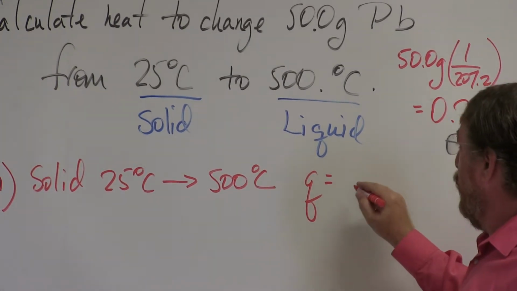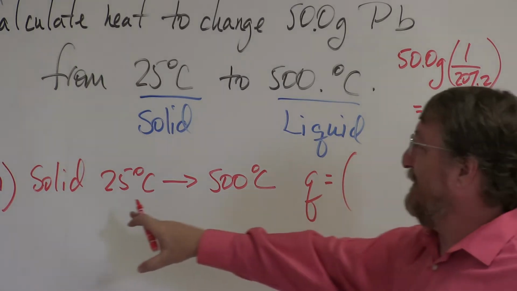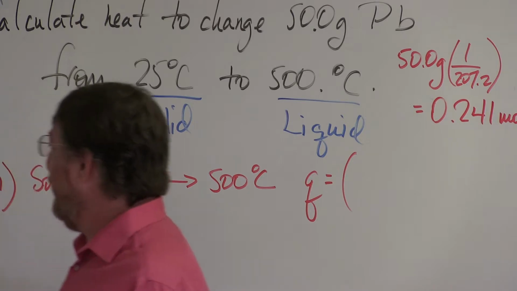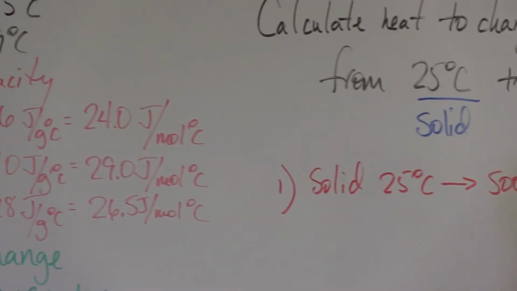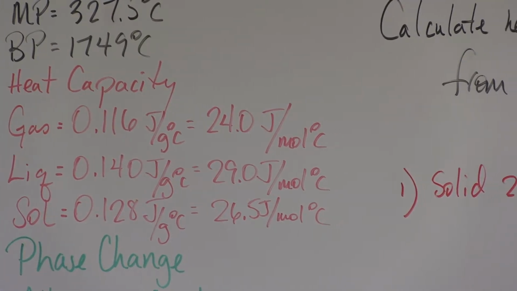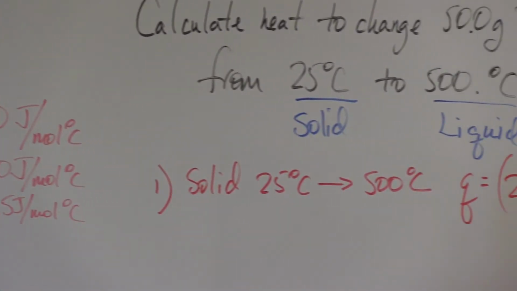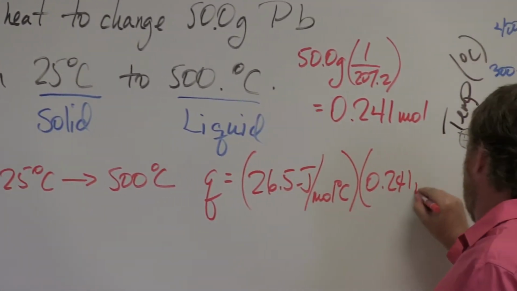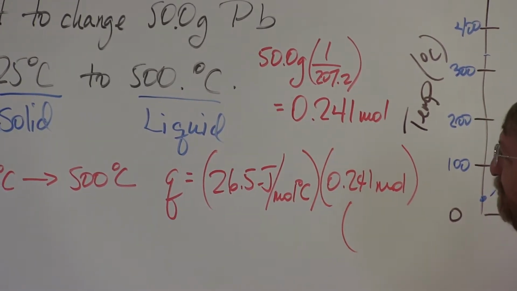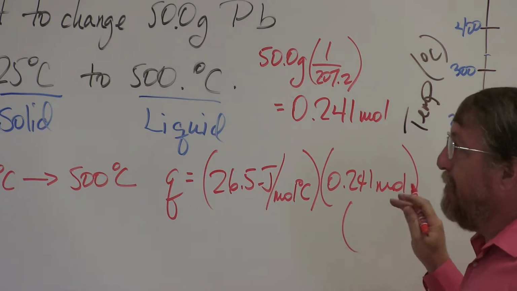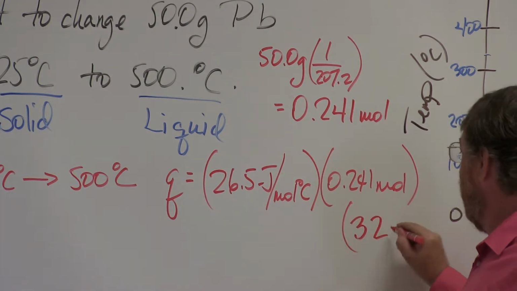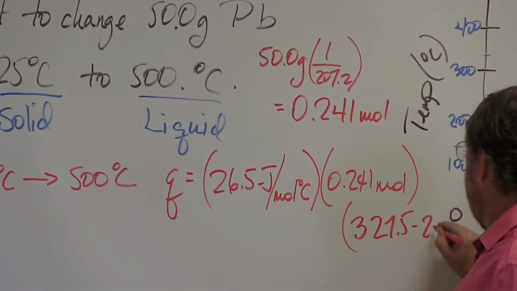So Q is equal to the heat capacity of the solid. I'm going to go over here and find the heat capacity of the solid in moles, 26.5. So 26.5 joules per mole degree Celsius times 0.241 moles times the melting point minus the original, 327.5 minus 25.